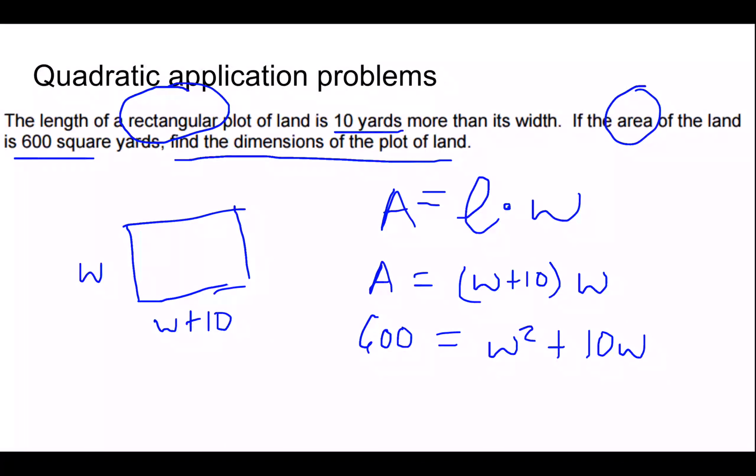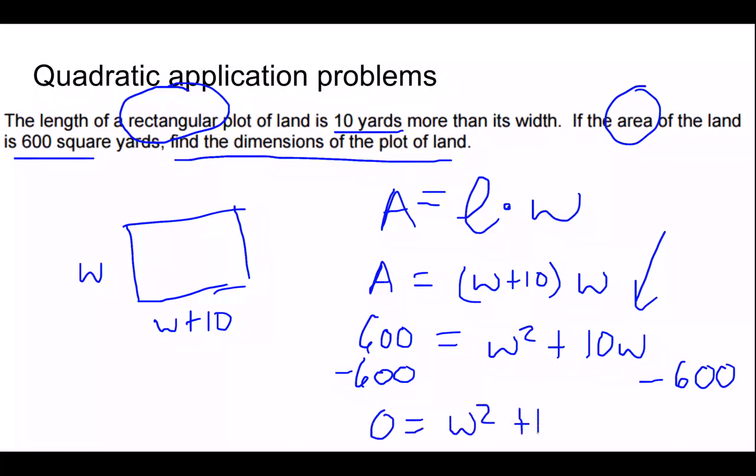So the first thing I'm going to do is I'm going to make this look like a quadratic equation. And how to make that look like a quadratic equation is subtract the 600 over until we'll get 0 equals W squared plus 10W minus 600.